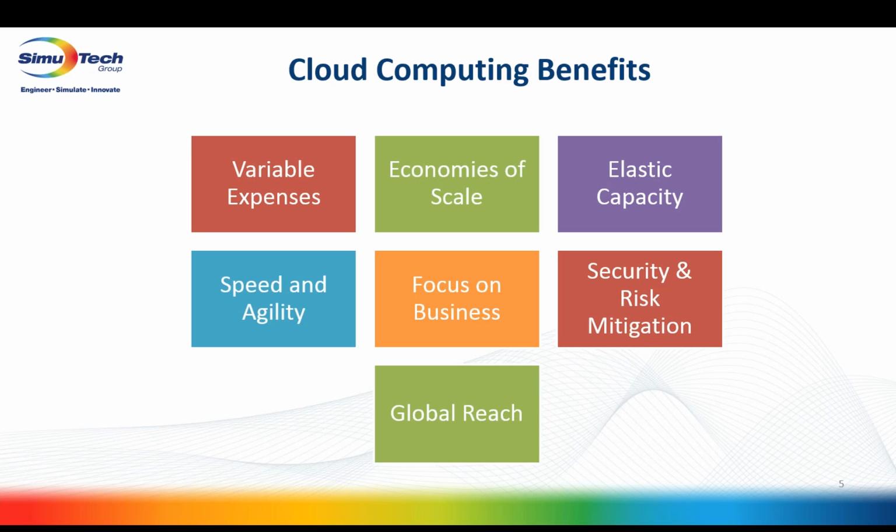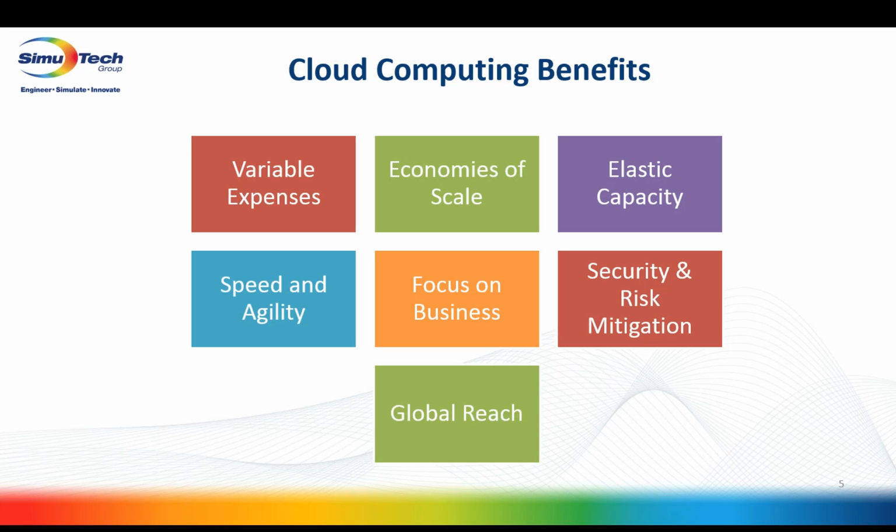I've got a graph on the next slide. Variable expense is as opposed to buying hardware. If you need 16 cores, you buy those 16 cores, and then how often do you use it, or do other people get to use it? You have this fixed capital expense, and then technically you have variable expenses with electricity, HVAC, maintenance, and licenses like operating system licenses.